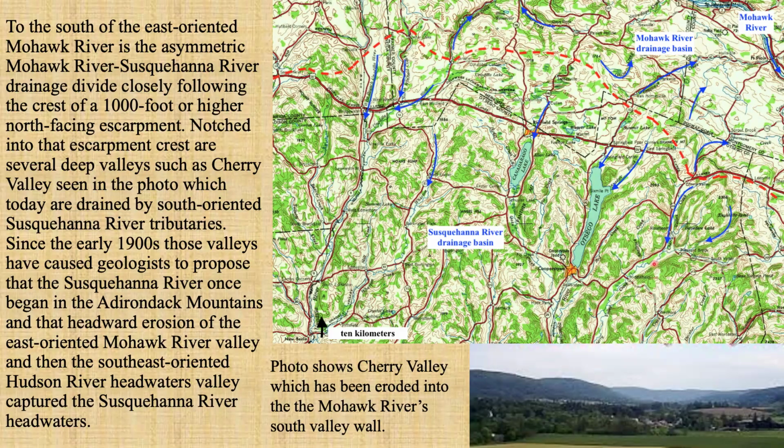And these valleys are the headwaters of various Susquehanna River tributaries. They flow in a southwest direction to join the southeast oriented Susquehanna River headwaters. So this is evidence that probably a lot of water once was flowing across what is now the Mohawk River Valley.